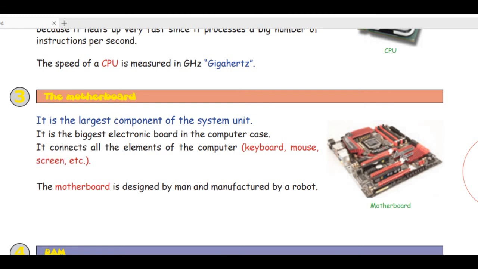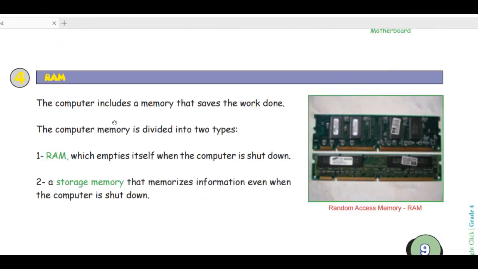And to terminate this lesson, you will explain to them what RAM, the random access memory, is. Here you can go back a little bit and remind them about the hard disk and the RAM, the commands save and open, and the relation between those commands and the hard disk and the RAM.